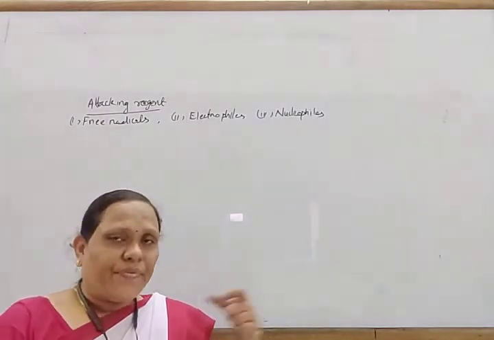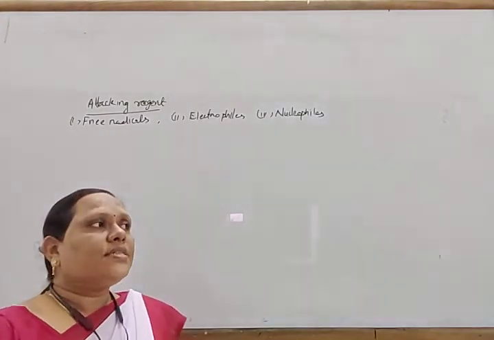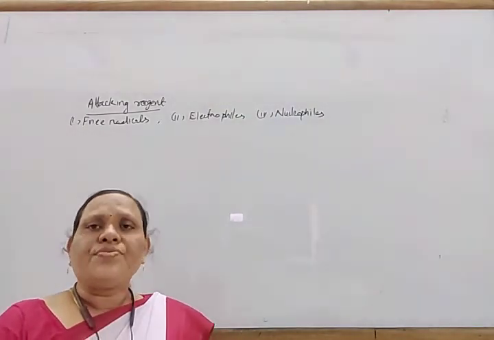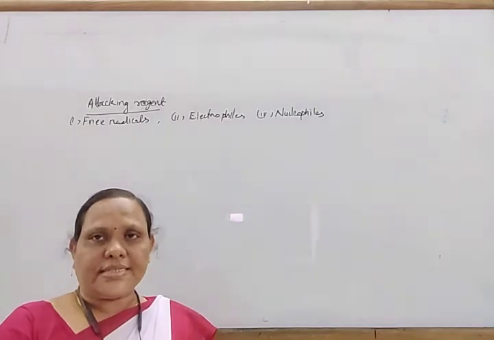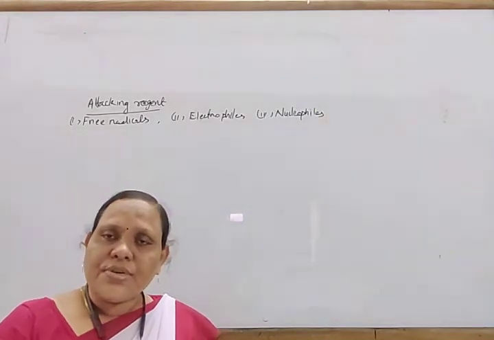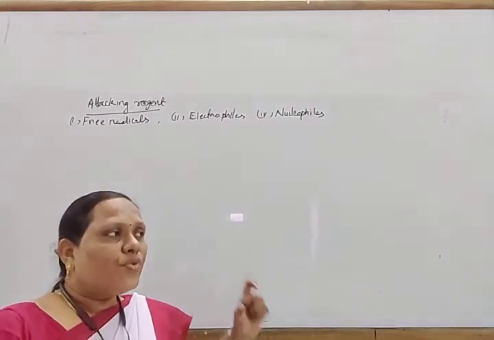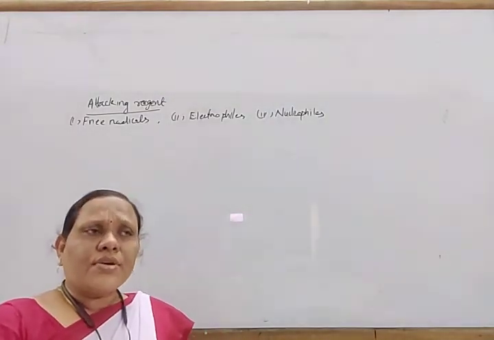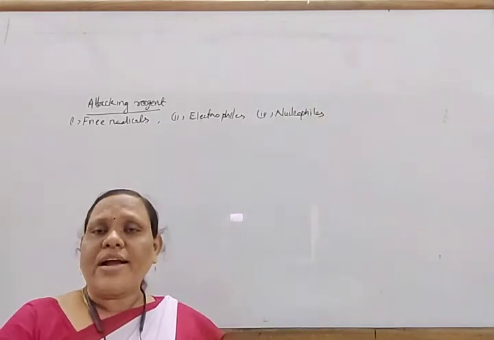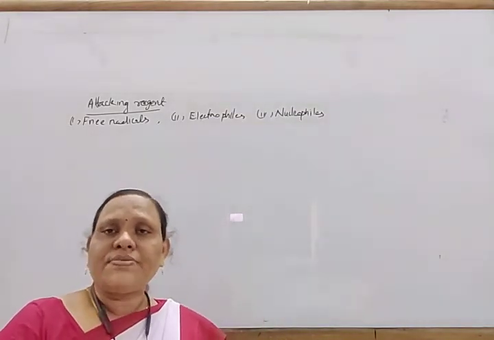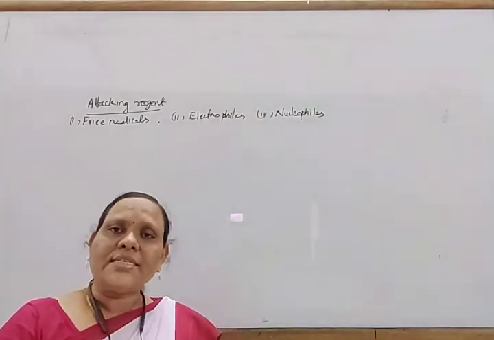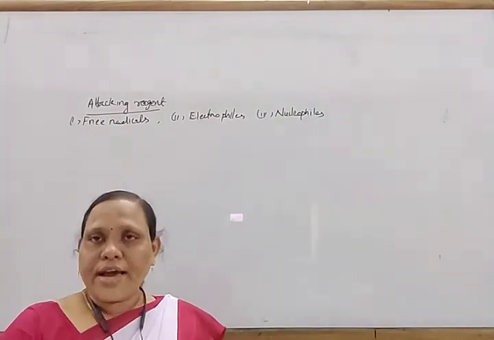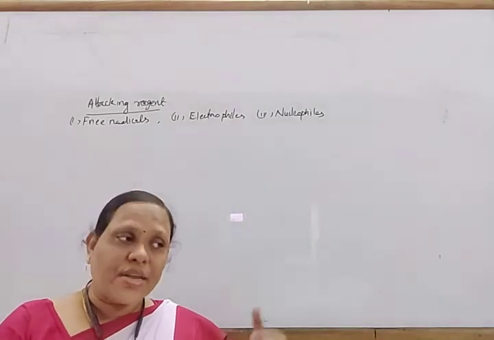So these are electron deficient species, and they have more love for electrons. So electrophiles are either positively charged species or some neutral species having a smaller number of electron pairs, having an electron deficient nature.